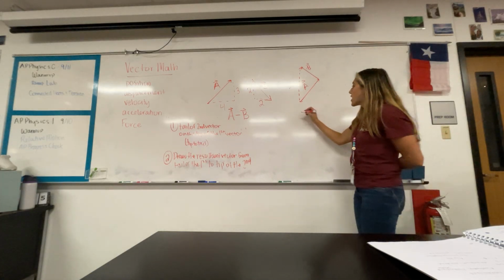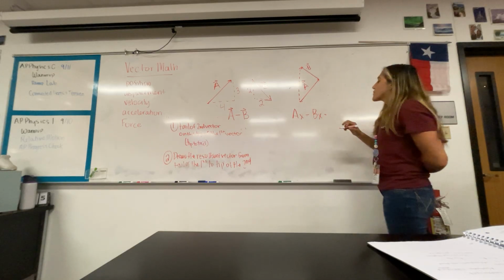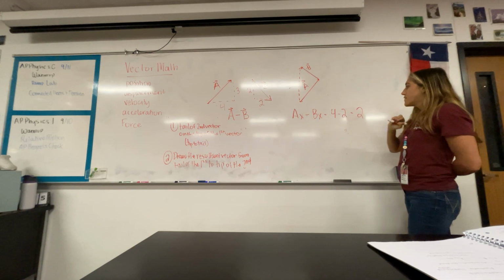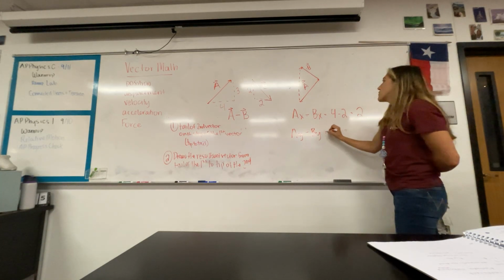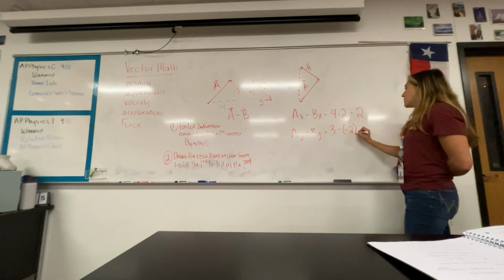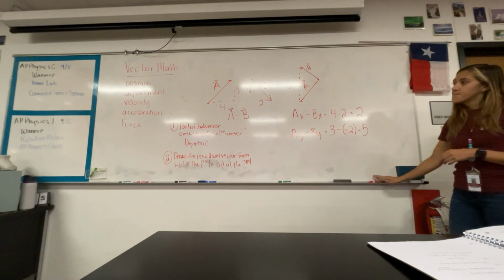So if I want to do the subtraction, AX minus BX would be 4 minus 2, so 2. AY minus BY would equal 3 minus a -2, so 5.